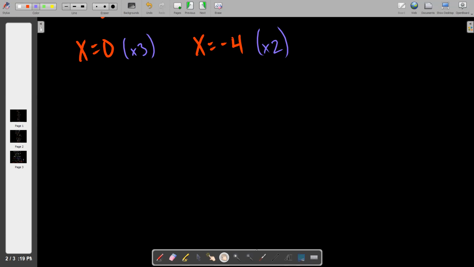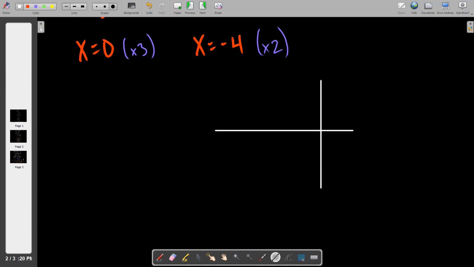So let's make our axes. Trying to be mindful of not wasting too much graph space, I'm going to go more this way. Since I don't have any positive zeros, I don't see the sense in using a lot of x-axis on my paper.